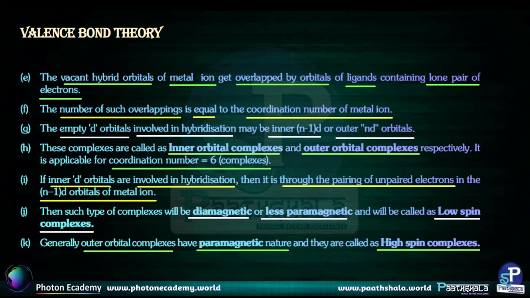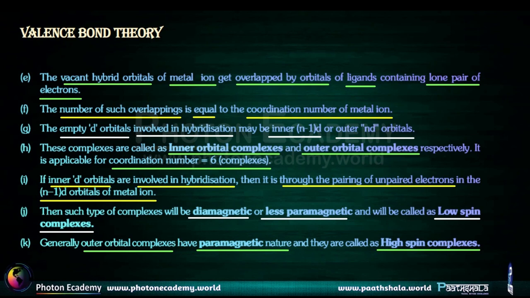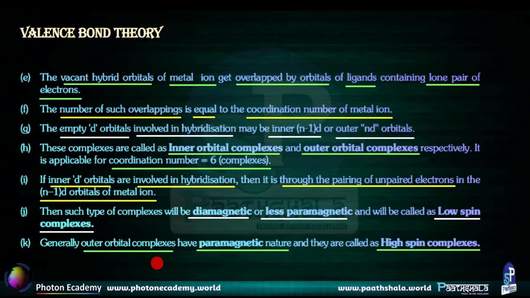And since the number of unpaired electrons is directly proportional to the spin, the more unpaired electrons, the more the spin of that complex. These complexes are also called high spin complexes. So nd orbitals lead to high spin complexes.